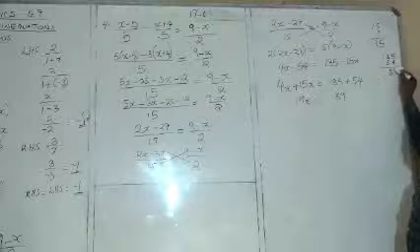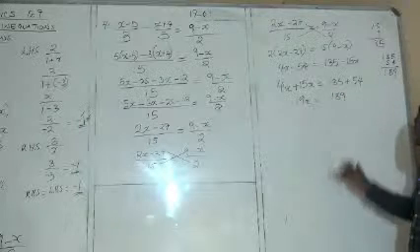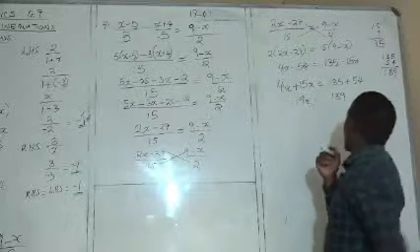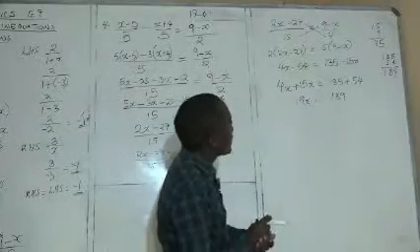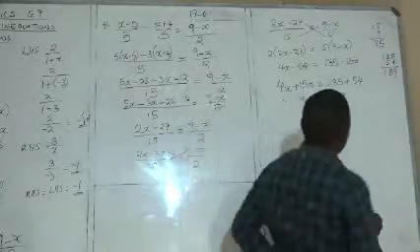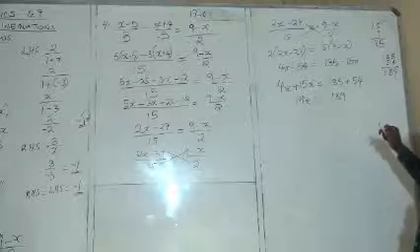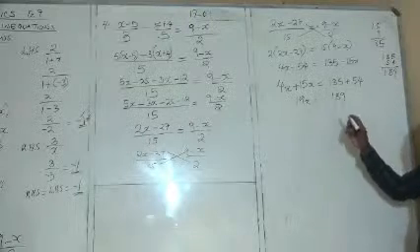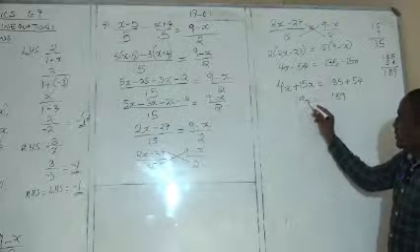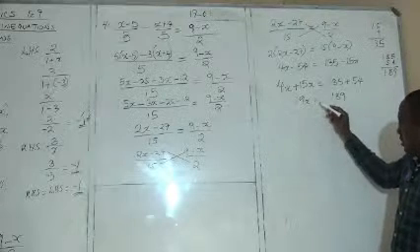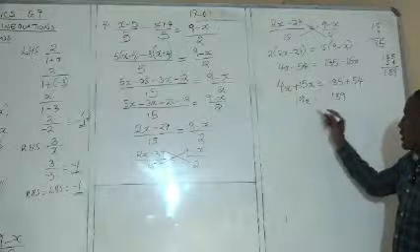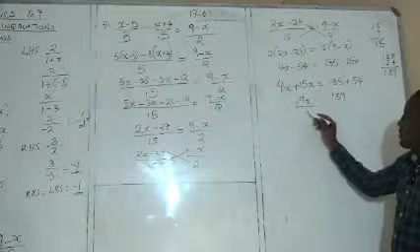Then this will give us 8, 189. So we are having 189. Okay, so since the value is 189, so we'll just say 19x is equal to 189. So 19x is equal to 189.